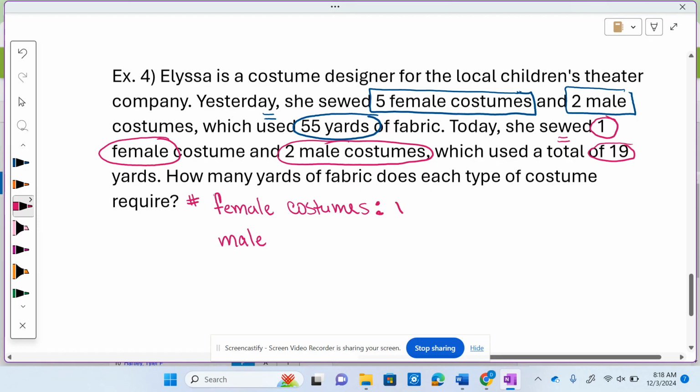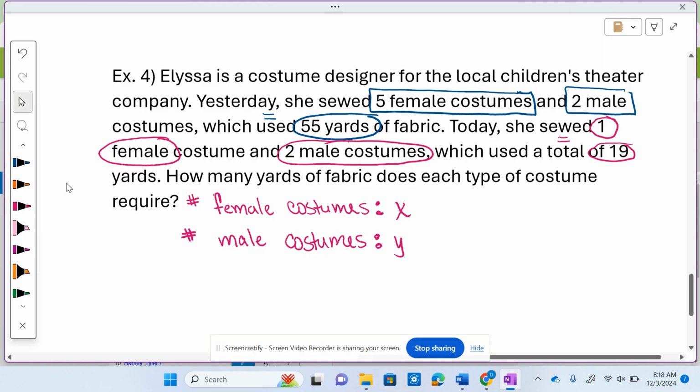X, yeah, I agree. I always try to use X and Y, even if sometimes you guys will read story problems and they use the letter of, like, M for miles or whatever. That really throws me off. I change the variables anyway. So then the next variable, Y, is going to be the number of male costumes. Because again, remember that the variables are always the question.